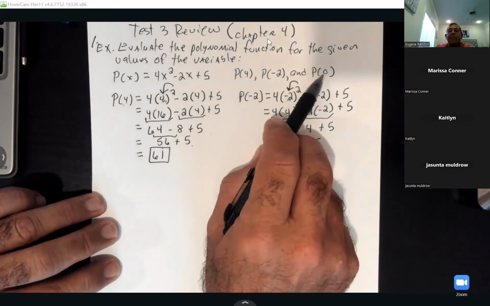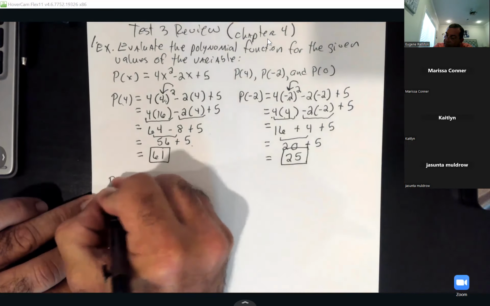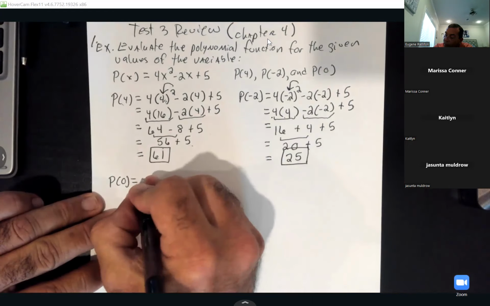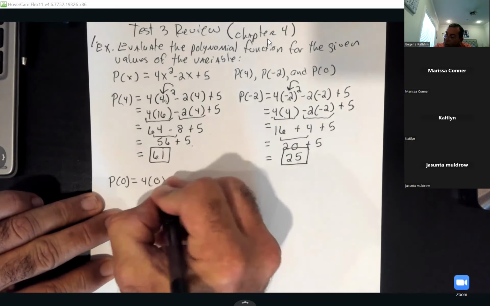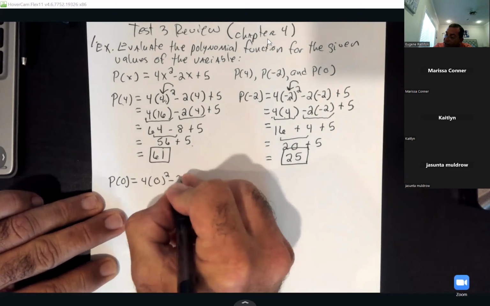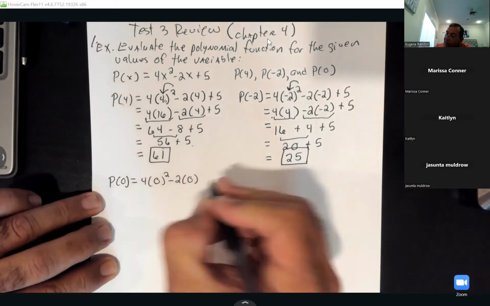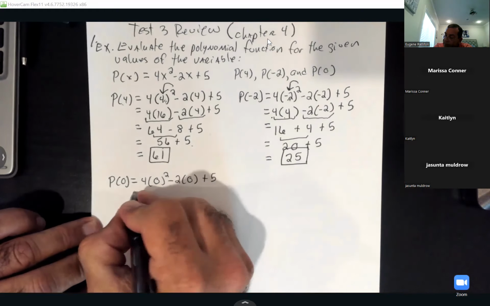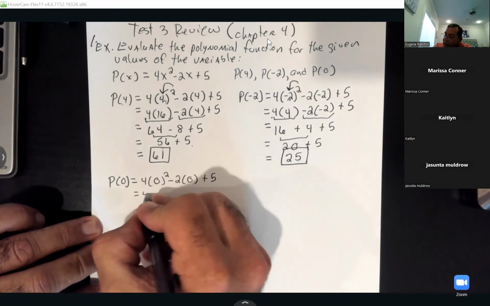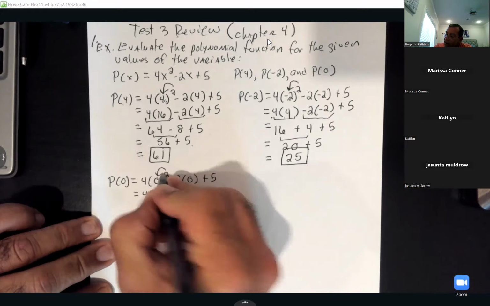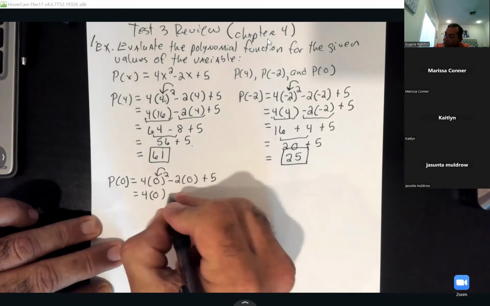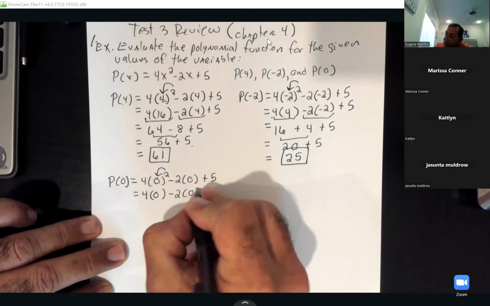So then we find P of 0. So that'll equal 4 times 0 squared minus 2 times 0 plus 5. All right, so technically I would do the exponent first. 0 times 0 is 0. I'm going to bring everything else down.